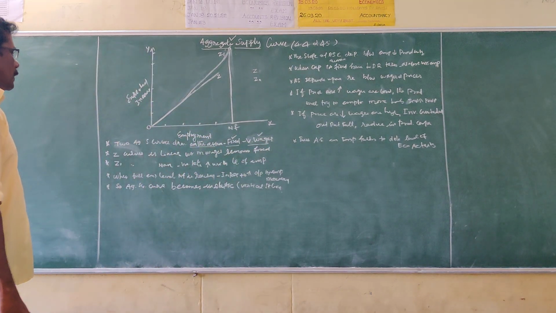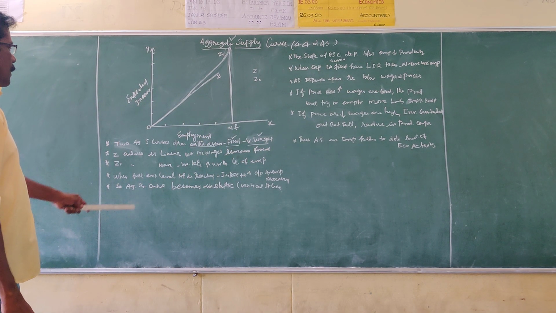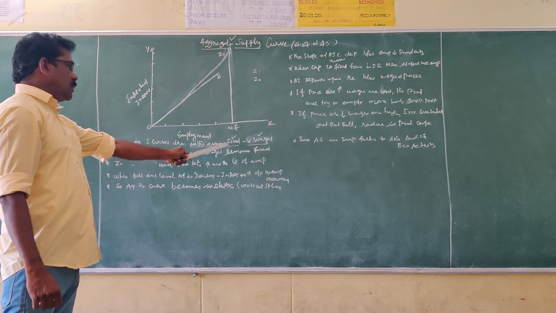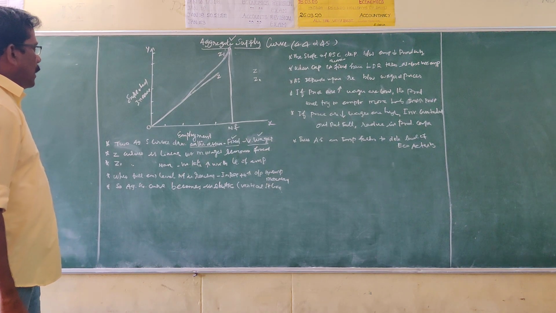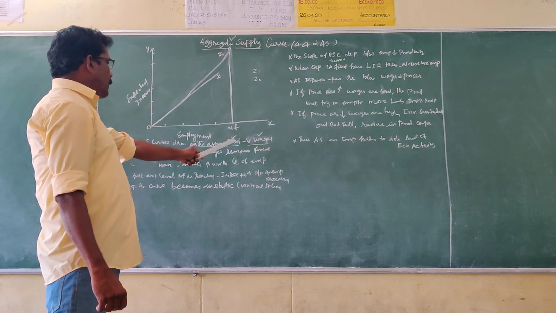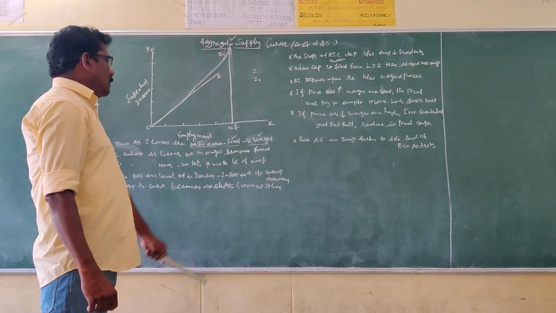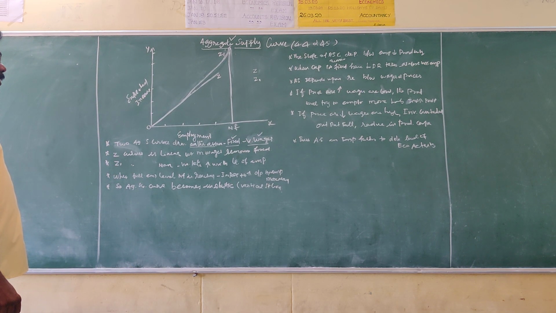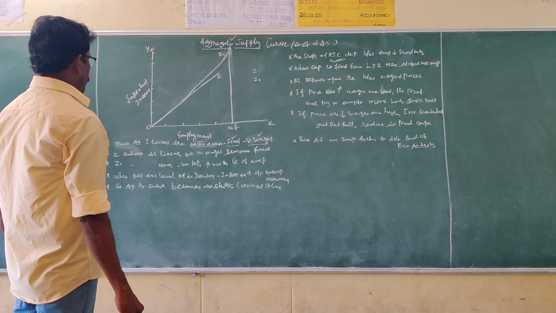So we take two assumptions: what should be the level of supply when the wages are fixed, and what should be the level of supply when the wages are variable.